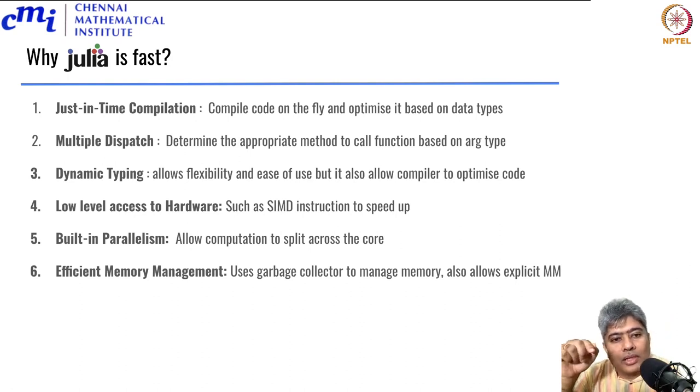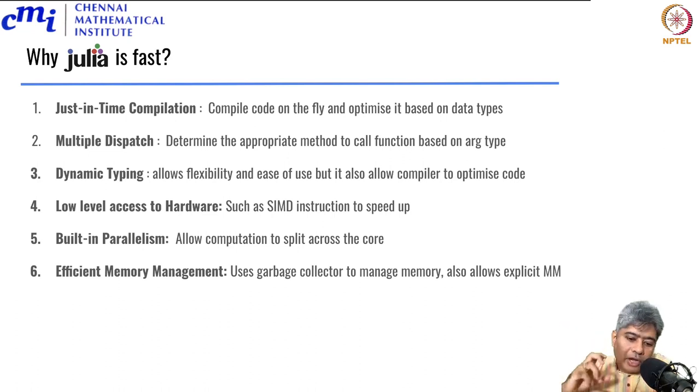Now in Julia, you don't do that. In Julia, you write a function where you declare the argument is a string, and similarly you write another function with the exact same name, but you say that the argument is a float. So now you have two functions with the exact same name, but the argument type is different.